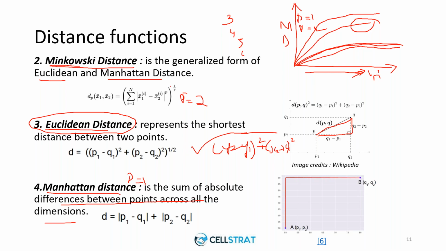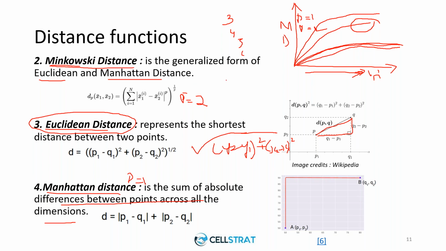What I was trying to explain is that since Minkowski is a generalized form of Euclidean and Manhattan, there can be a question: why not use p-value greater than 2? When you use a p-value greater than 2 for higher dimensional data, it need not be just 2 dimensions.